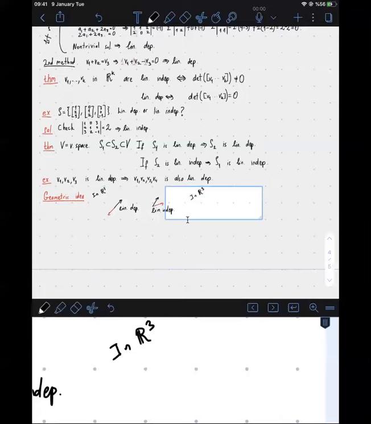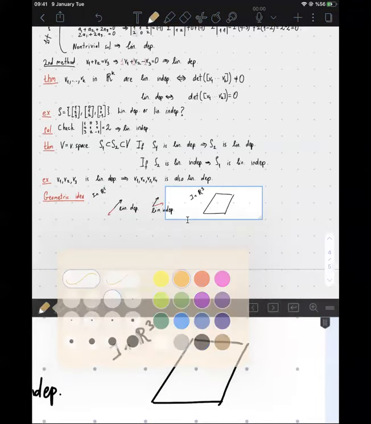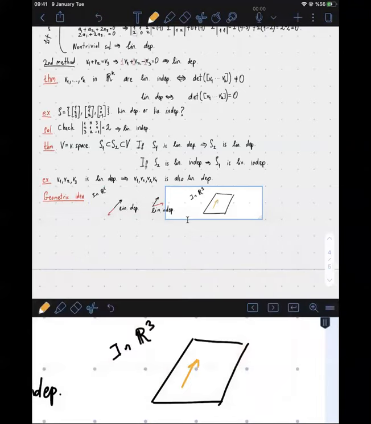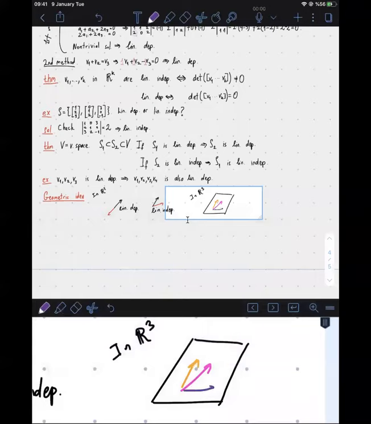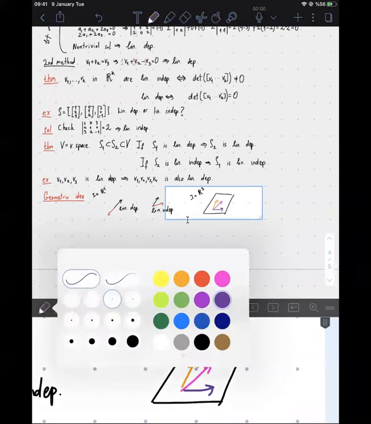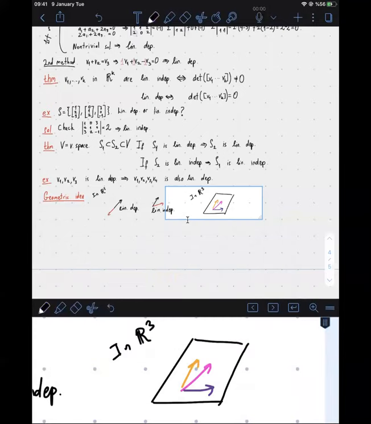Okay, so for example, if we have this plane, and all three vectors are on this, then these vectors are linearly dependent.